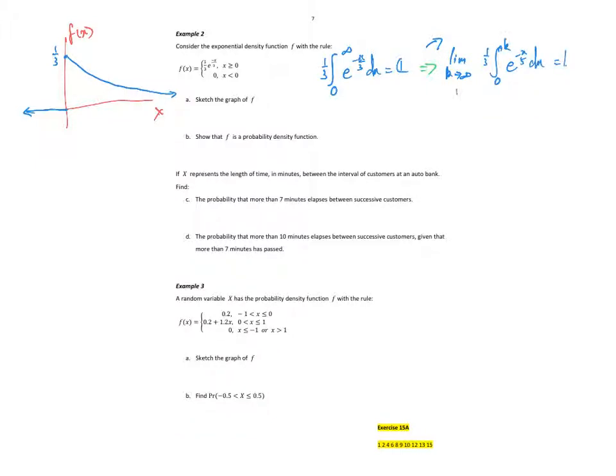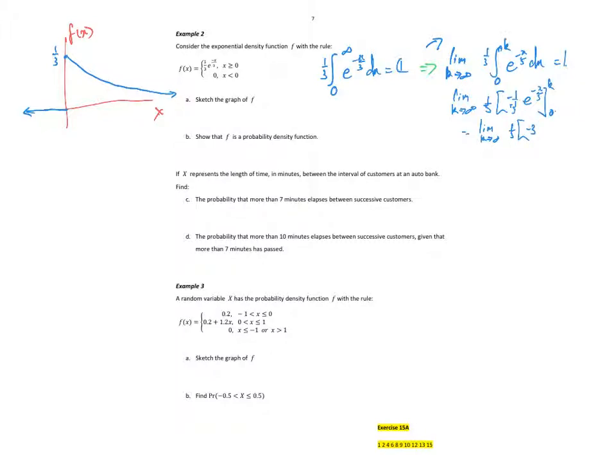Okay, so then I get the limit as k approaches infinity of 1/3 times 1 on negative 1/3, e to the minus x on 3 between k and 0, which is equal to the limit as k approaches infinity of 1/3 of, well, first 1 over -1/3 is -3.